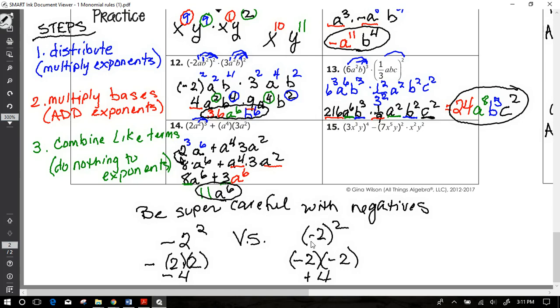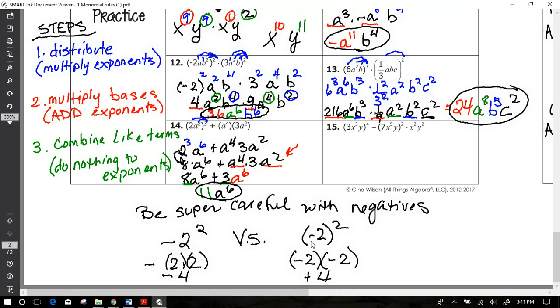And then I just brought down everything else, okay? In my next step, in the term back here on the right-hand side, I had to combine any of those. So multiply a to the 4th times a squared, and I got a to the 6th power. And so I brought that down.